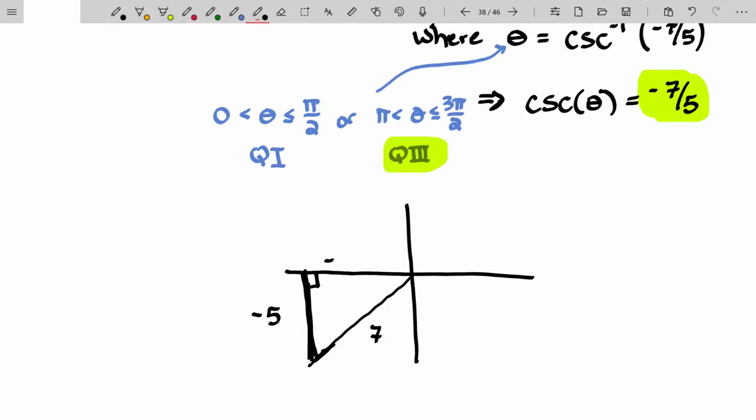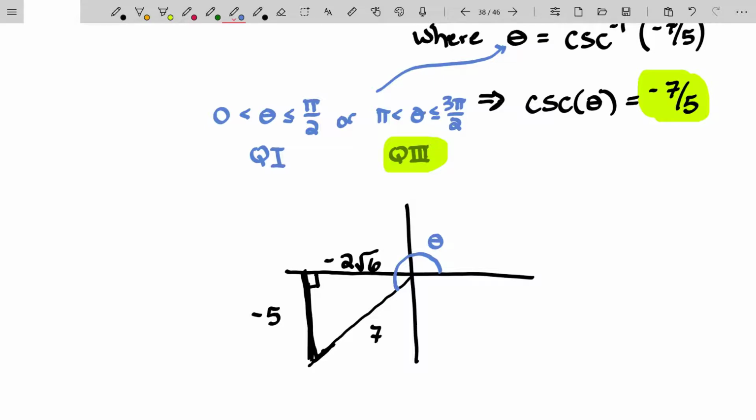So it's going to be a negative square root of 24, which is negative 2 square root of 6. And remember, technically speaking, this blue angle is what theta is, but we can pretend as though this angle right here is theta. It's totally okay.